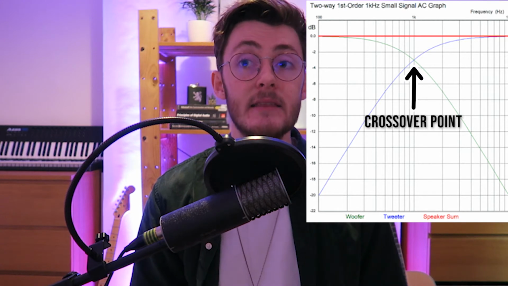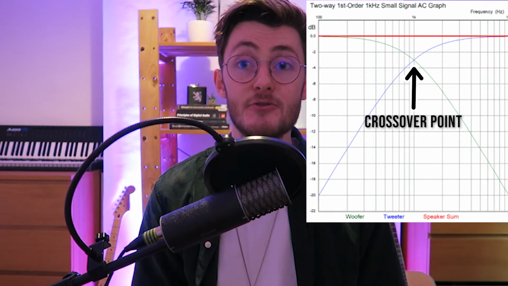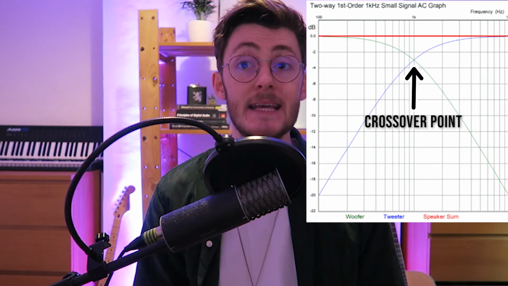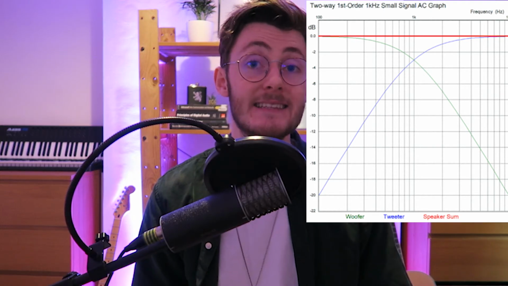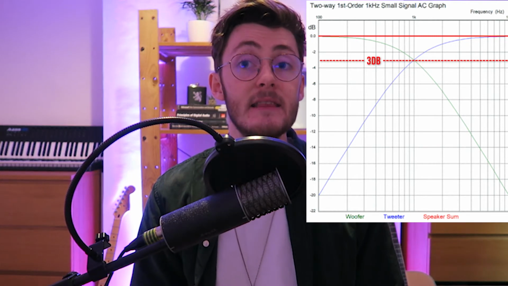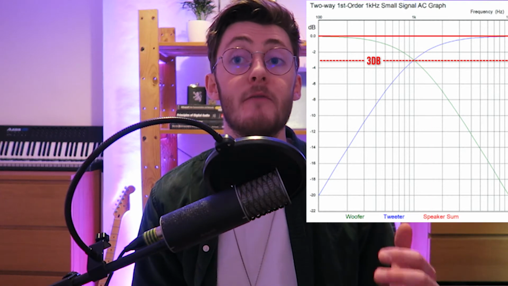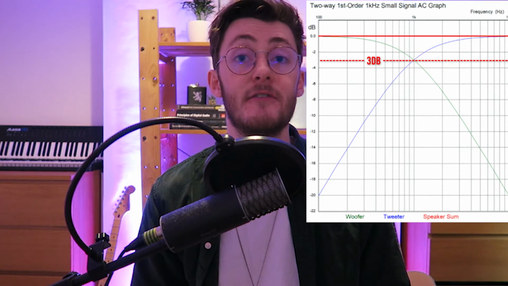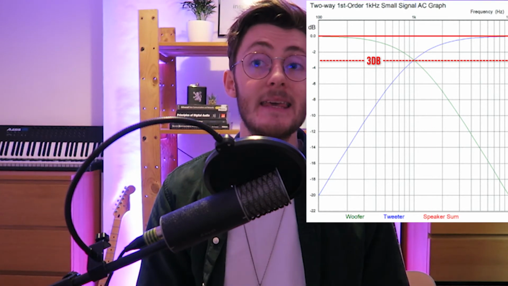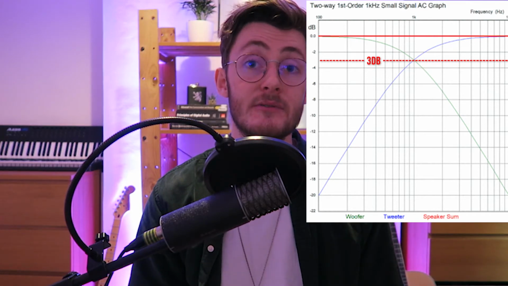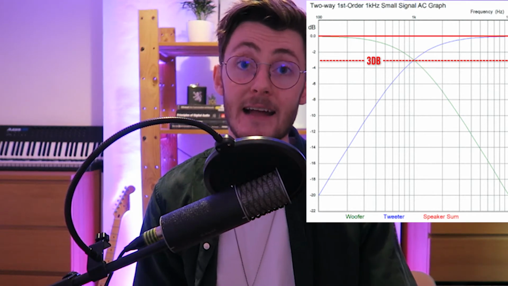Now, it can be seen that the crossover point for each driver is 3 dB down in relation to the flatter signal above. In this region, the acoustic output of both drivers sum together to flatten out that curve, making, in an ideal world, the frequency response of the system completely flat across the full spectrum. Now, I say in an ideal world because this never actually happens, but more on that in another video.